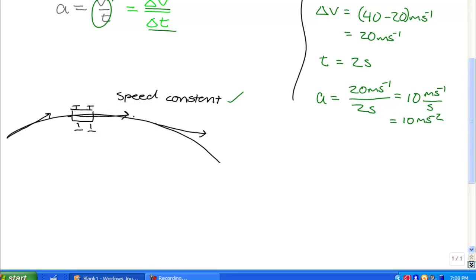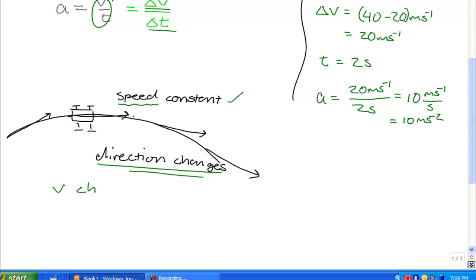And when it moves on a little further, its velocity will be directed like that. As it moves around the corner, the direction that it's traveling in changes. Even if the speed is the same, in other words, the magnitude of how quickly it's moving is the same. Once the direction changes, then the velocity changes. So v is changing. Alright?